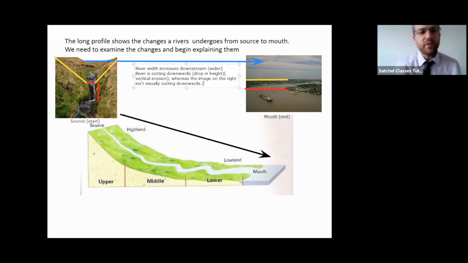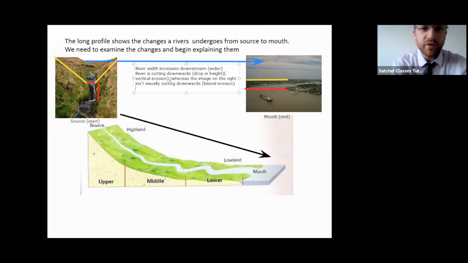Now the opposite, because it's not cutting downwards, because it's nearer to its end goal, which is the sea level, because it's not cutting downwards, you'll actually find that it's not vertical erosion taking place, but a sidewards erosion called lateral erosion. Okay, so lateral erosion is this sidewards erosion. Okay, so that's one thing worth bearing in mind.